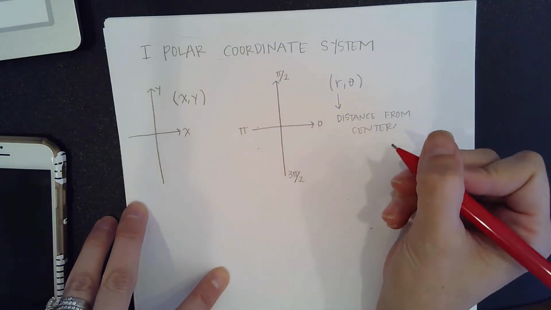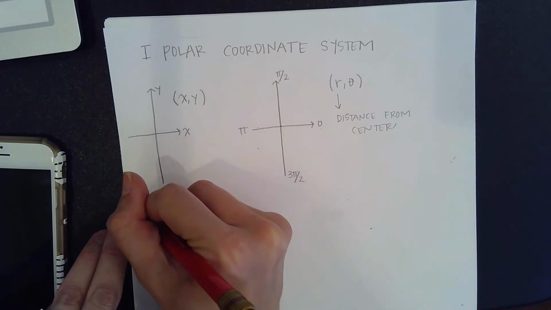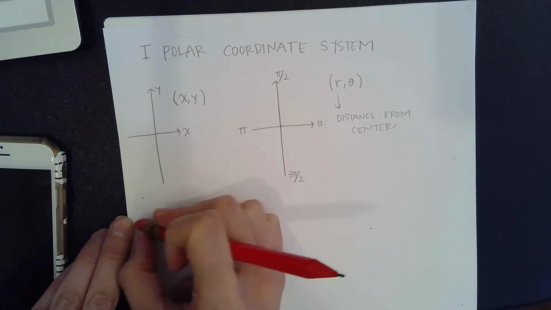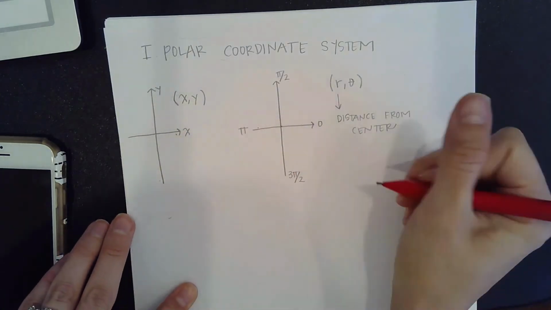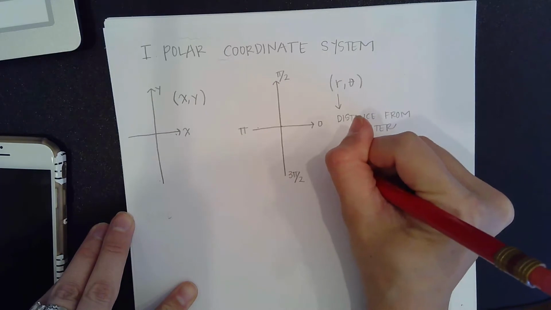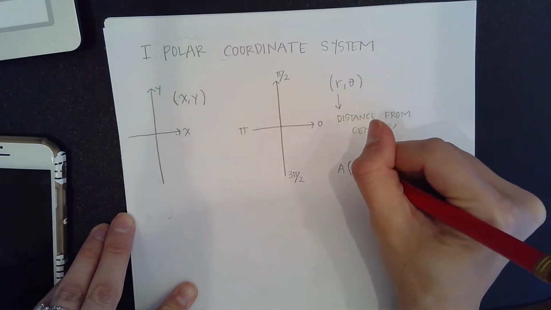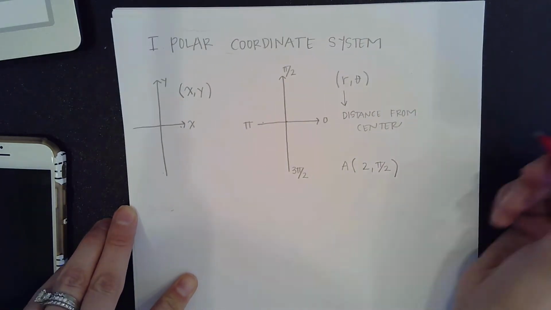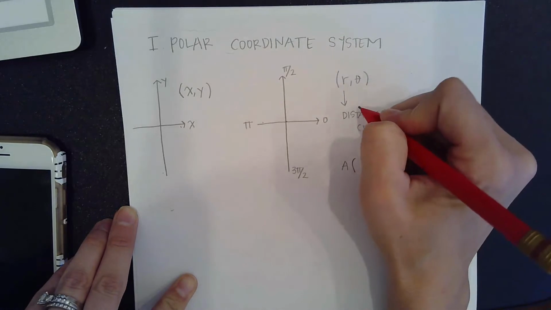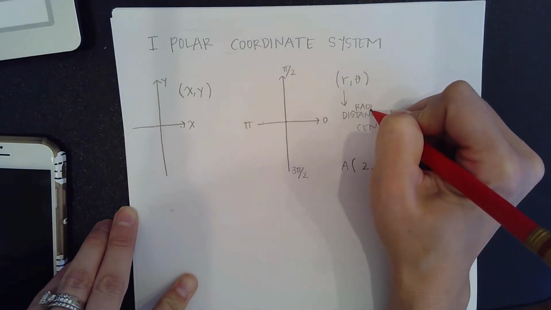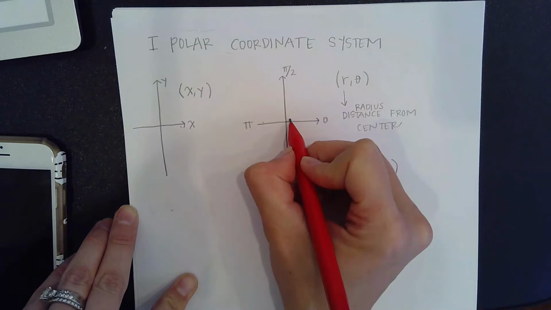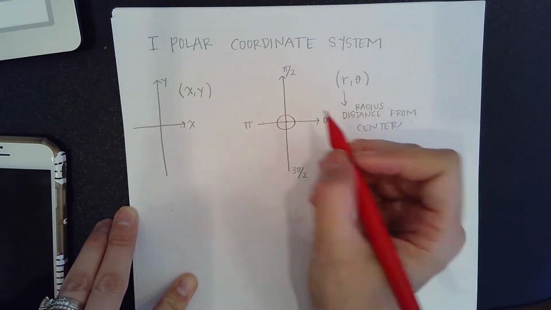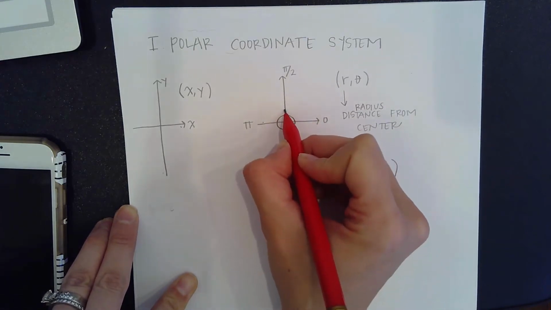When r is negative, well, let's not do that real quick. Let's just plot a point so that we can see what I mean. If I wanted to plot the point (2, pi over 2), that means my radius, or distance, is going to be 2. Remember our unit circle?